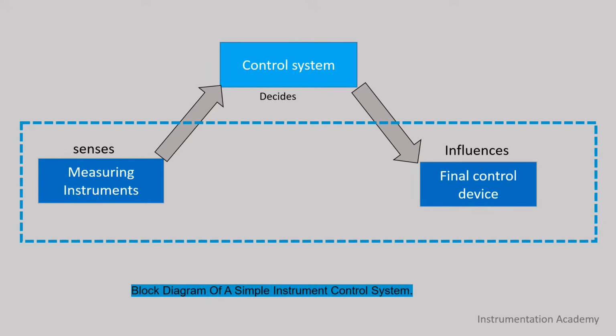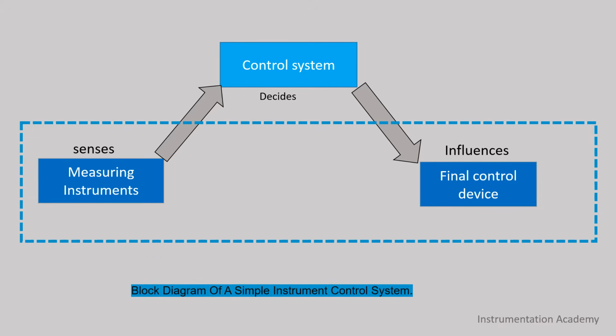Now let us go through the block diagram of a simple instrument control system. The first step in any instrument control system naturally is measurement. Anything which cannot be measured cannot be controlled. After the quantity has been measured, a signal representing this quantity is then transmitted to an indicating or computing device where either manual or automated action then takes place.